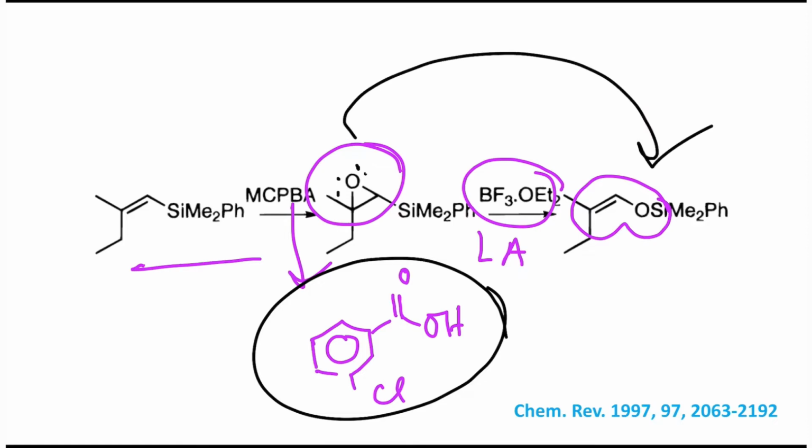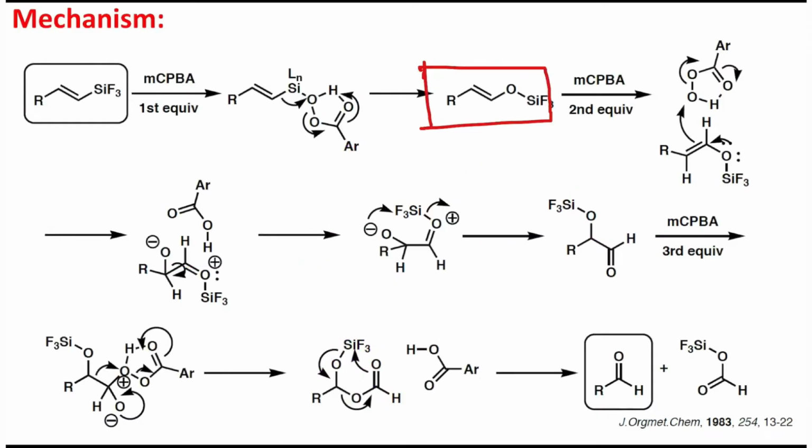I give you this home task, please write the mechanism by yourself. So it will produce this; now we have understood this. In the next step, using m-CPBA it will be converted into this enol.